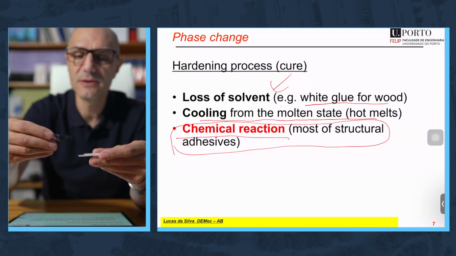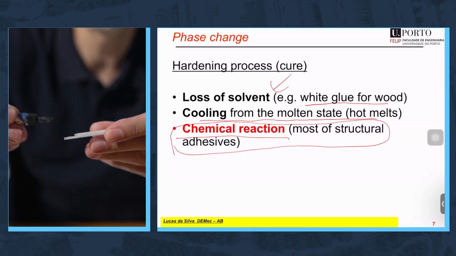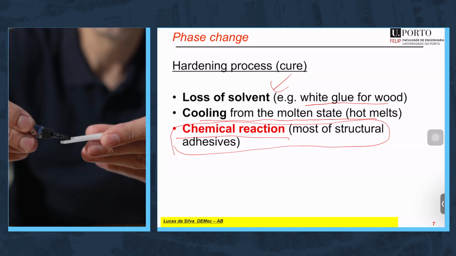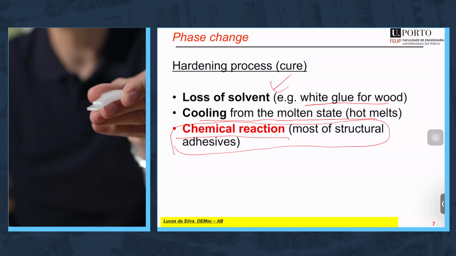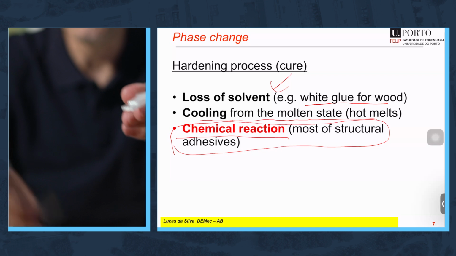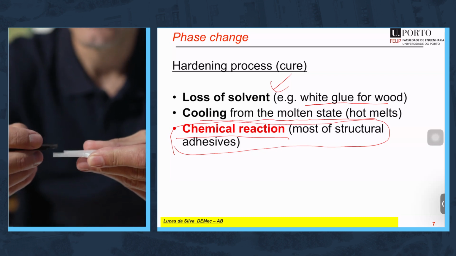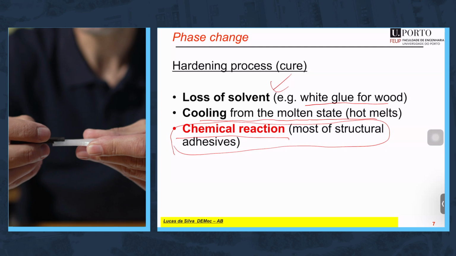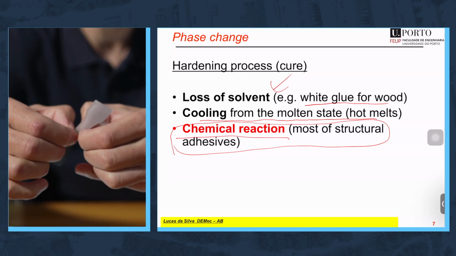It needs to be applied in the liquid state so that it will create a perfect bond with the substrate, a perfect match with the substrate. So I put just a tiny bit of liquid glue, and then I put the other substrate, and the hardening is done in seconds, as you know.